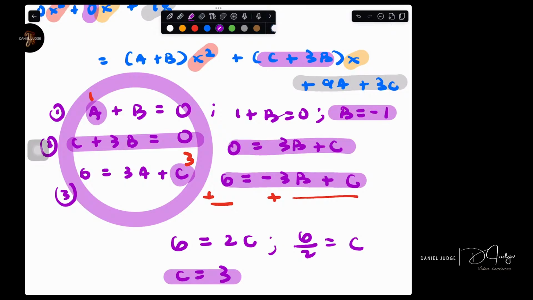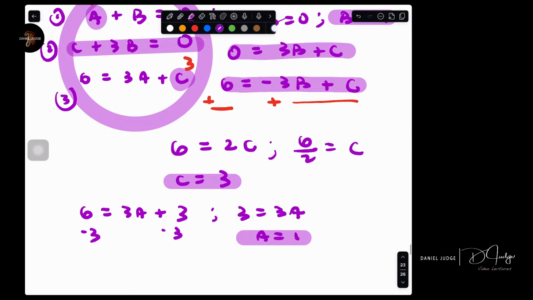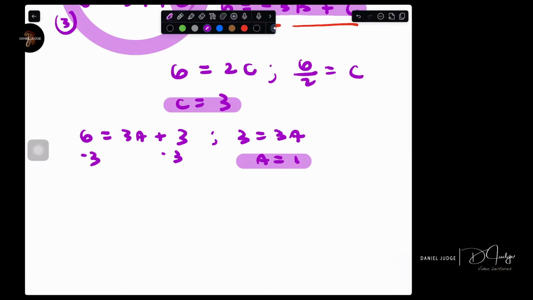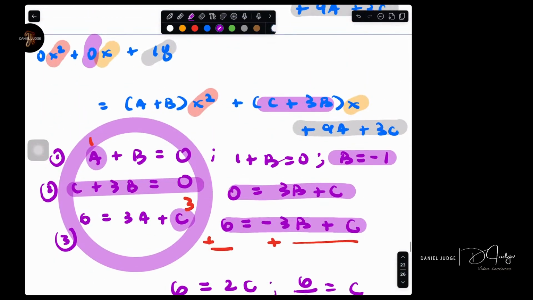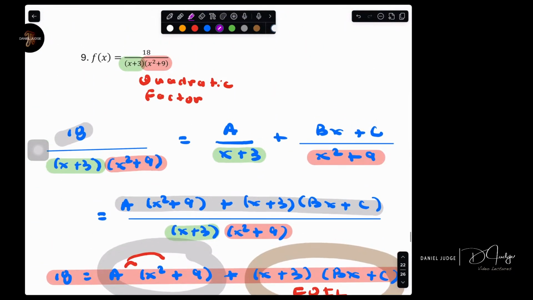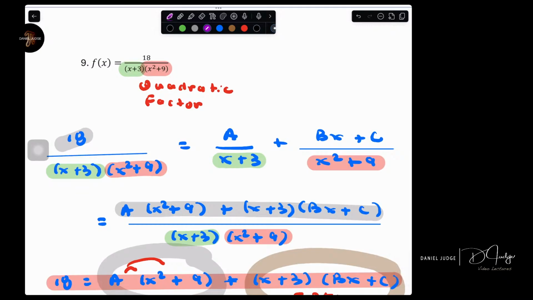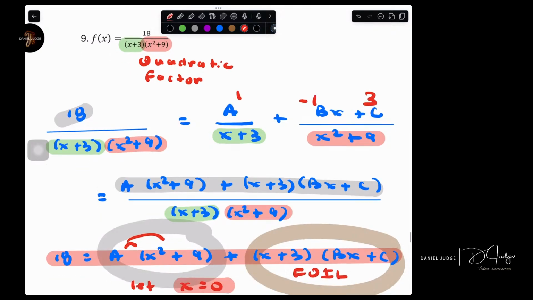We now have all our constants. A is 1. I'm going to write it down here. B is negative 1. C is 3. One, negative 1, and 3.